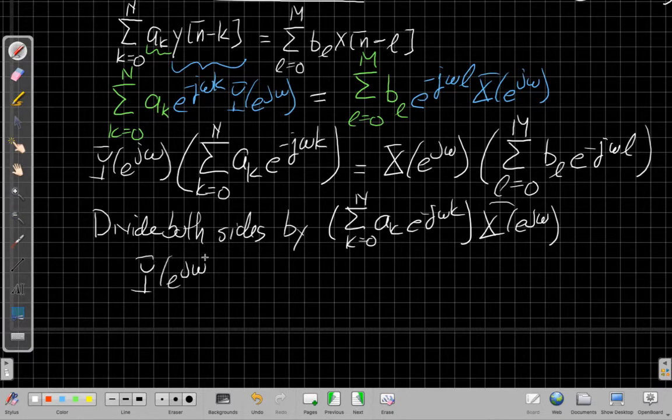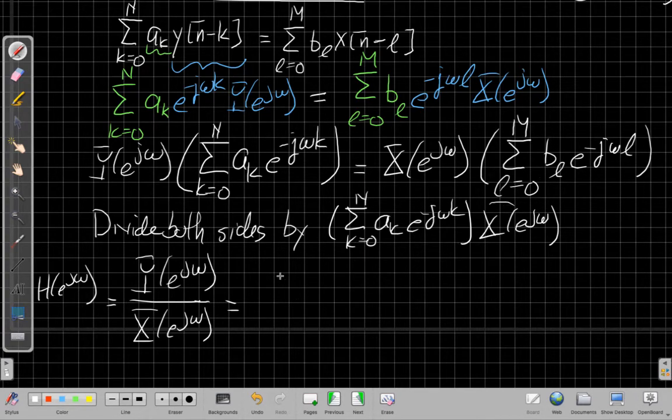So on the left-hand side, I have y of e to the j omega over x of e to the j omega. And choirs of angels sing, because this is exactly what I was trying to end up with. This is what h of e to the j omega is, which we found earlier using the convolution multiplication property, where convolving in time made things multiply in frequency. So if I solve that for h, I get this.